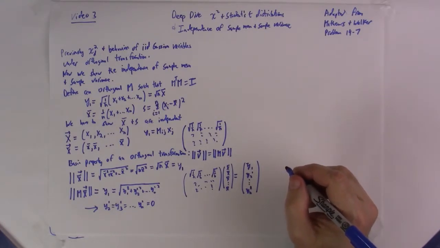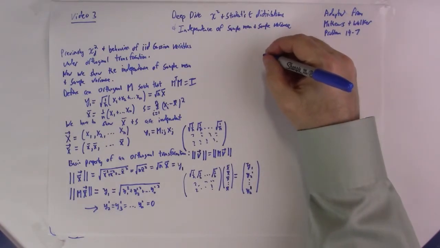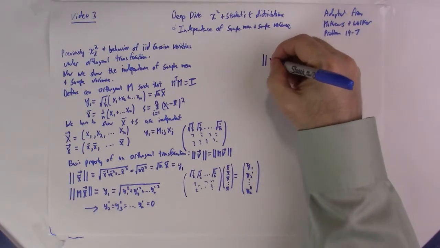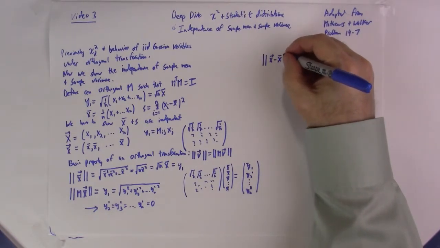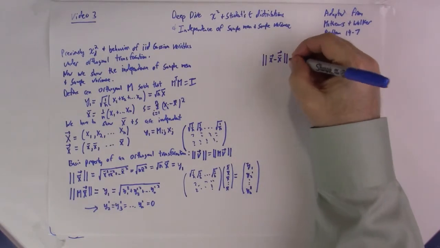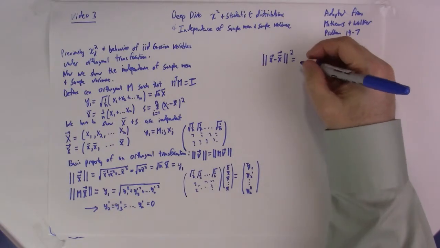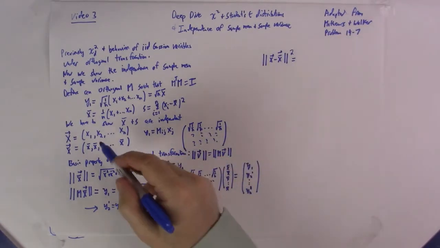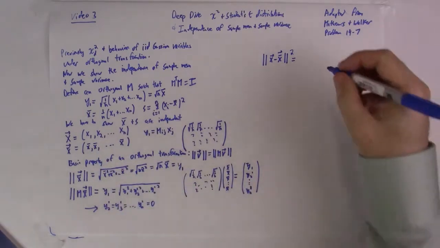Now let's take a look at the norm of x minus the mean vector. Let's take its square. Since this is x and this is the mean vector, we just subtract the components and square each one.